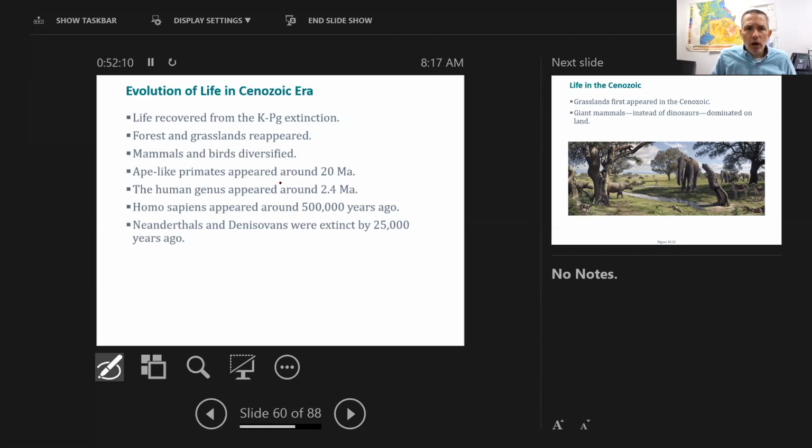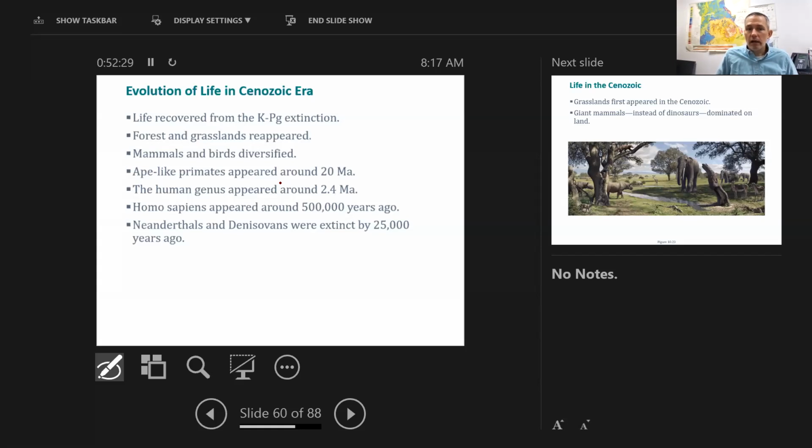million years ago, MA, we start seeing species of hominids, a human genus, appearing. And then we start seeing humans, Homo sapiens, about 500,000 years ago. There were other hominids, which are pretty fascinating.